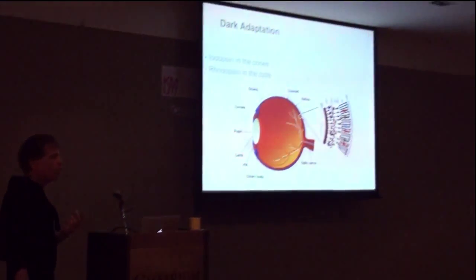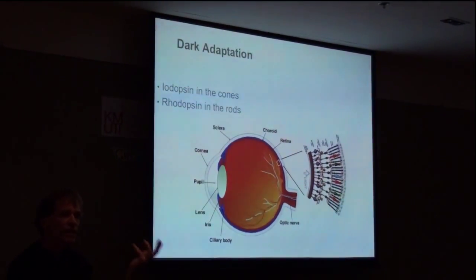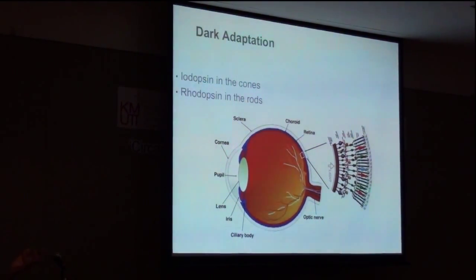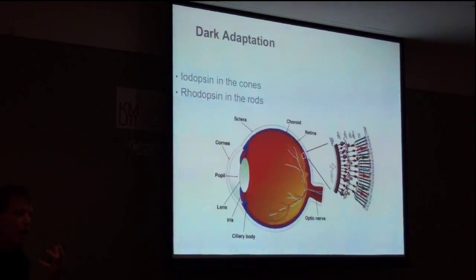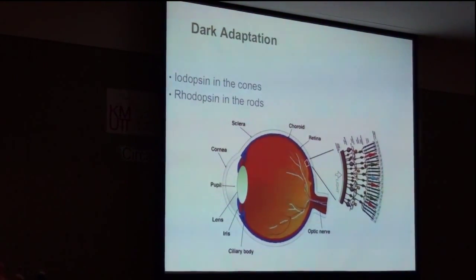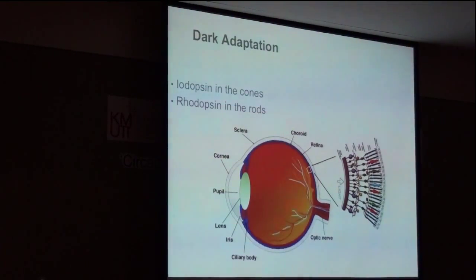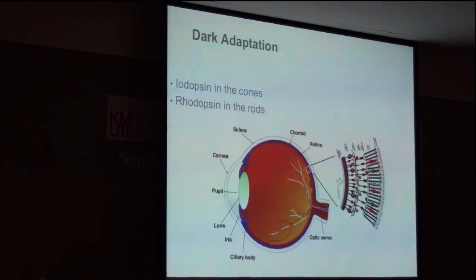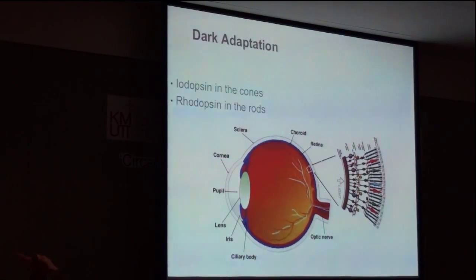So what happens is when I'm going from light conditions to dark conditions, you build up rhodopsin slowly in the eye, which allows the dark adaptation to occur and allows your rod function to have heightened contrast sensitivity. So your chemicals in your eye build up very slowly. It takes about 20 minutes.